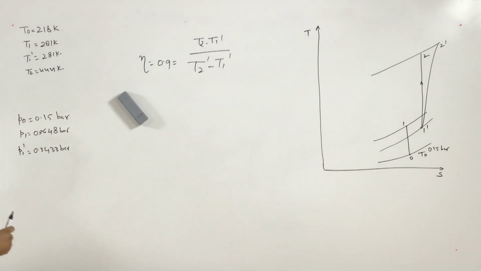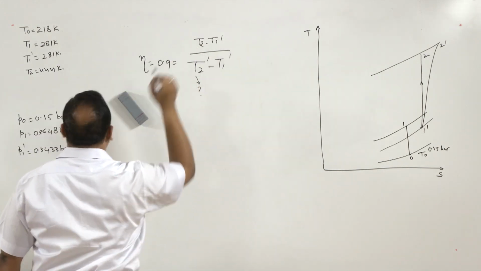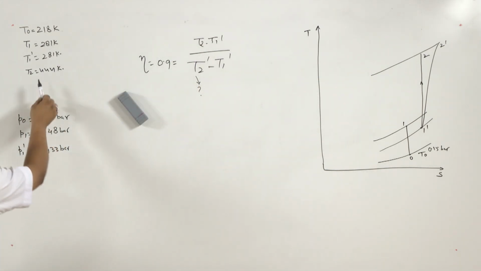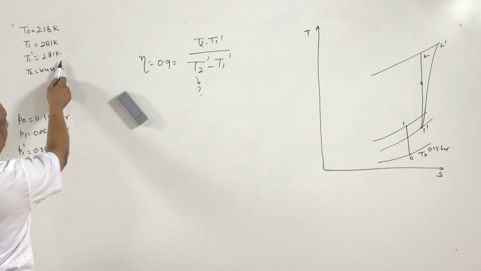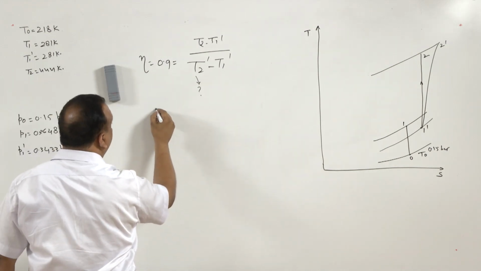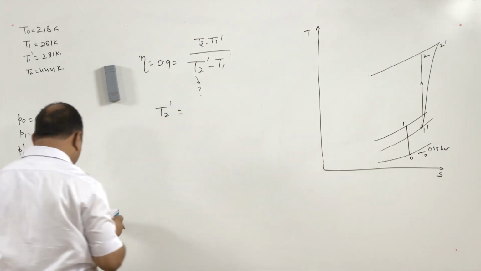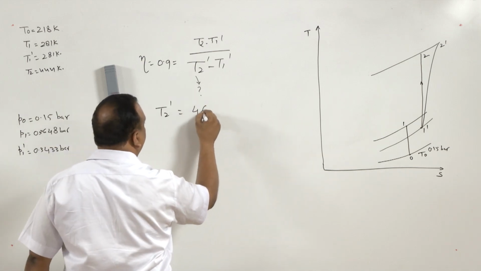T2 dash is not known to us. T2 is 444 Kelvin, T1 dash is 281 Kelvin. Using these values, we can find the value of T2 dash, and T2 dash is 462 Kelvin.